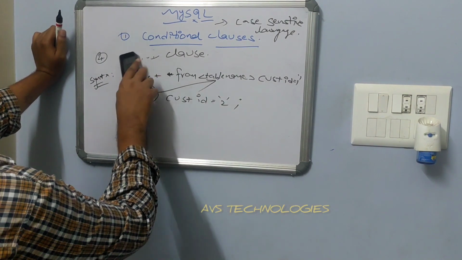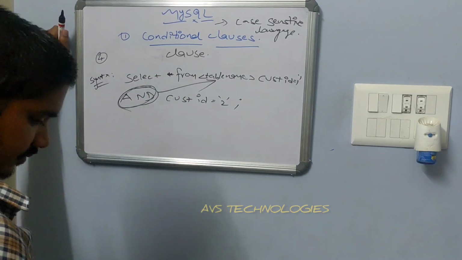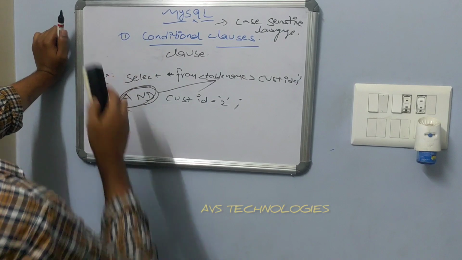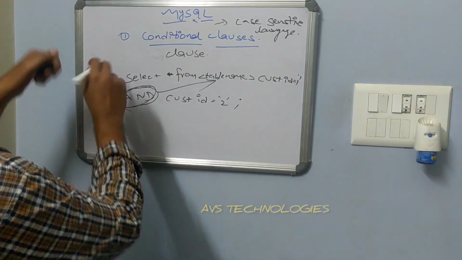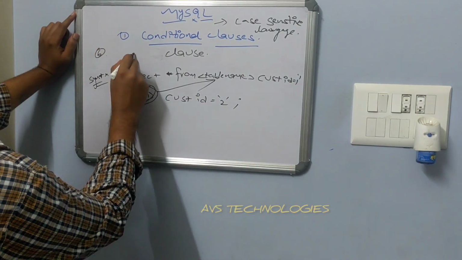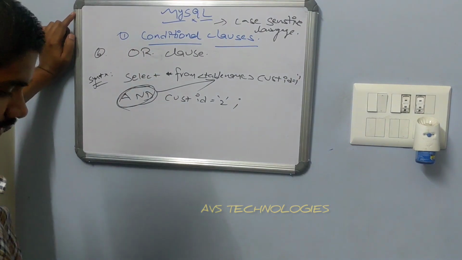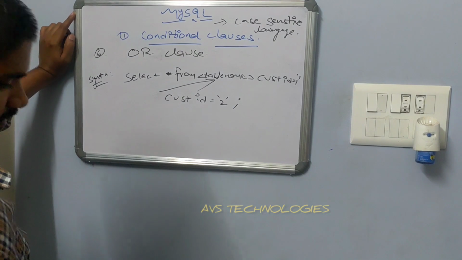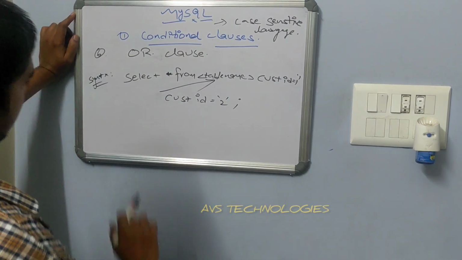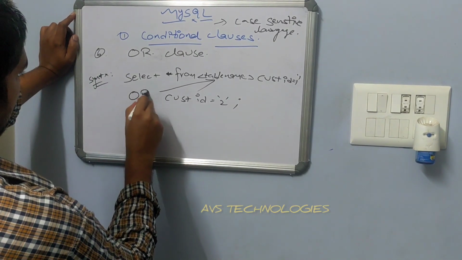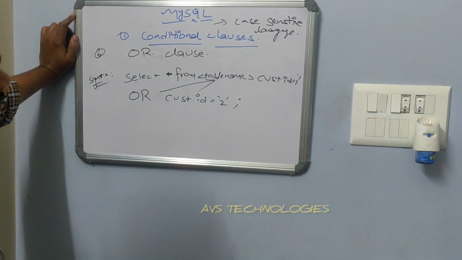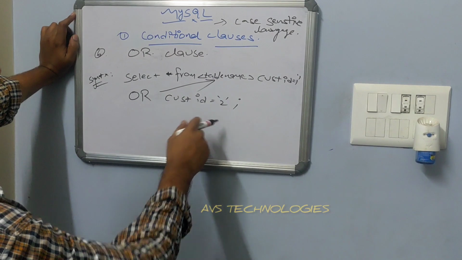Same here in the or clause also. In the place of and, we will use or. Select star from table name where customer id 1 or customer id 2.